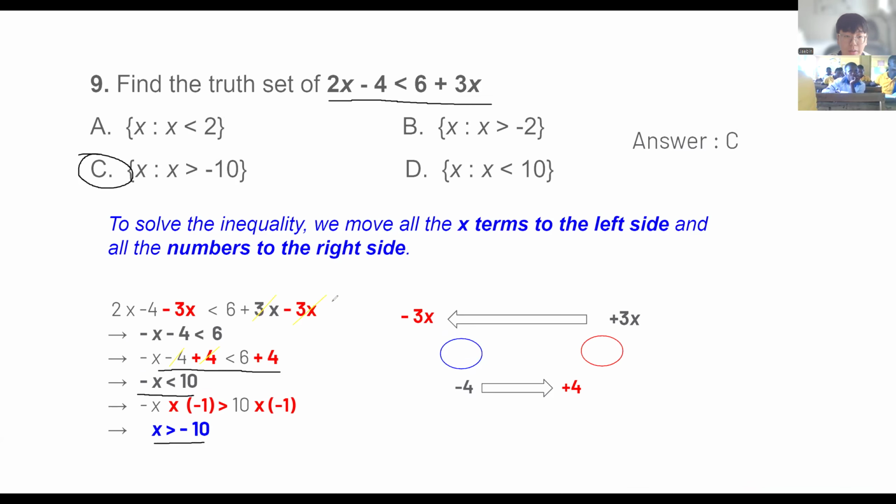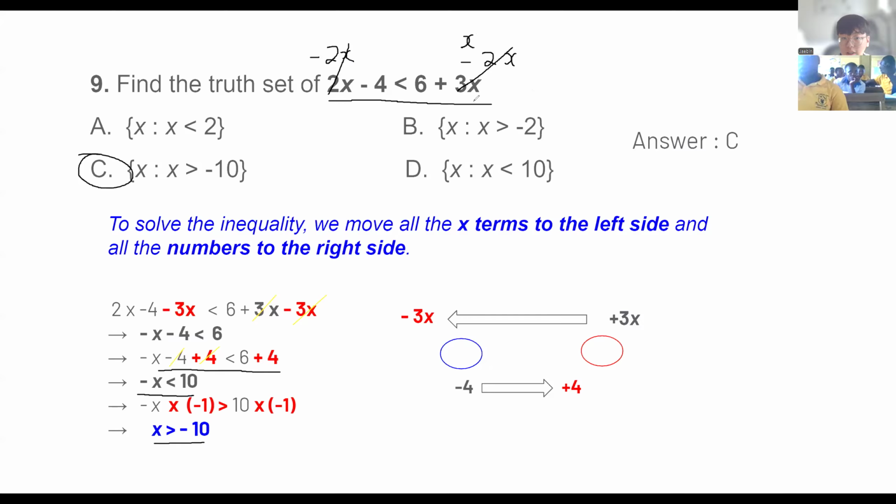A better way to solve this actually is to subtract 2x from both sides. That'll be easier. So this term cancels out. This just becomes x, right?